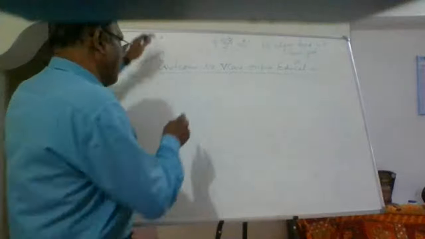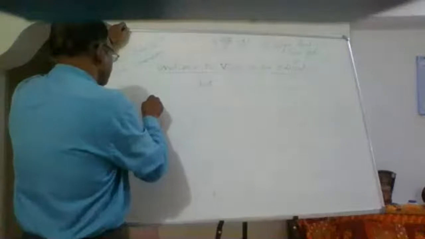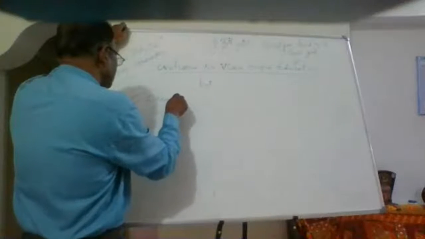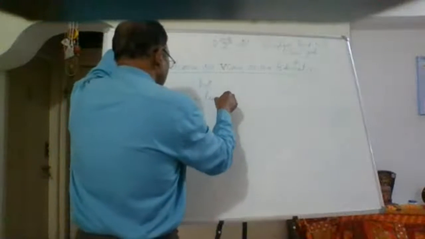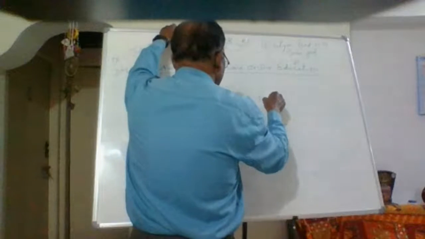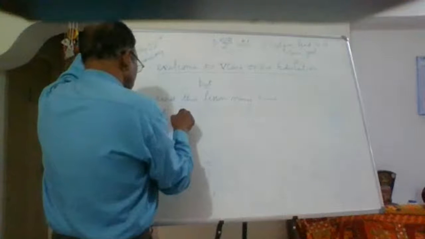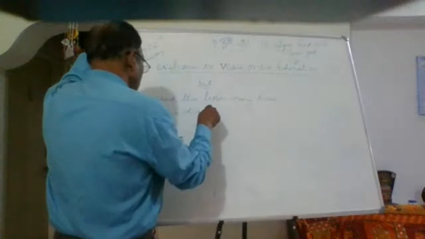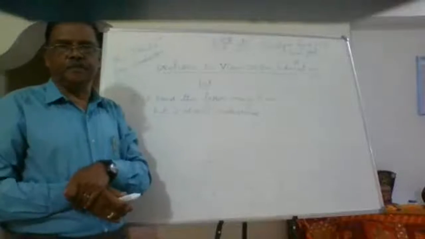But is also a conjunction. But is always opposite. Okay. For example, I say that... Always but is opposite.